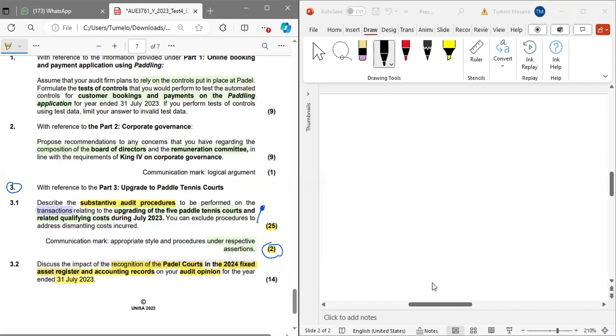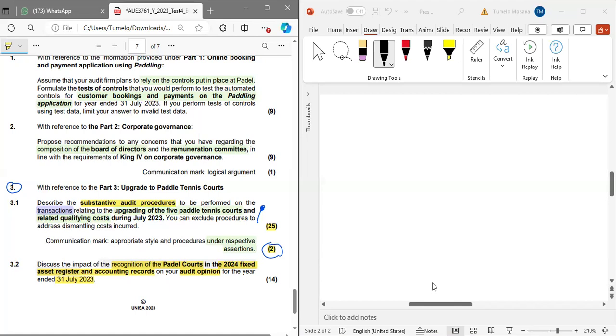But before we can answer, we need to understand an audit opinion, right? Remember that the overall objective of an auditor is to issue an audit report, based on information obtained from the audit, right? And it must provide reasonable assurance that the statements are free from material misstatement.